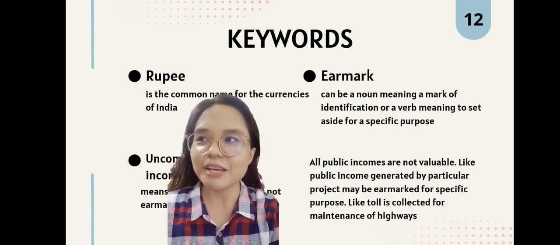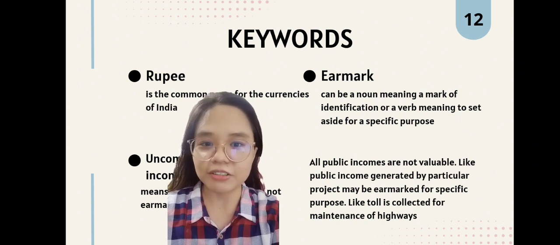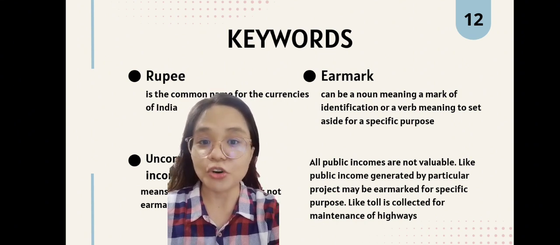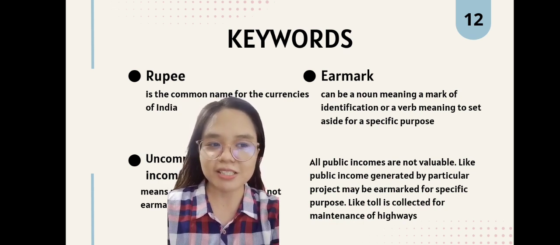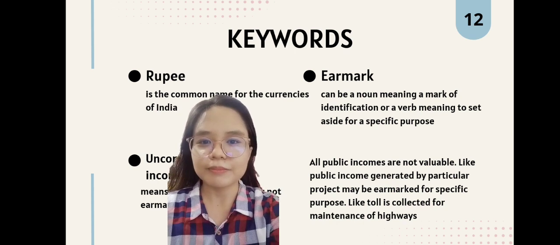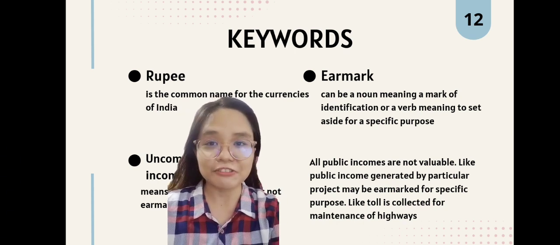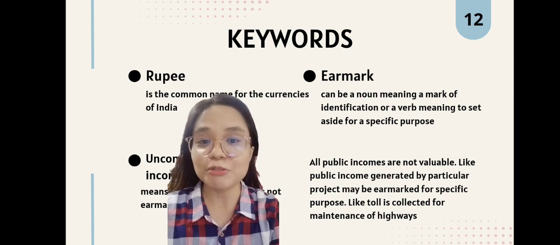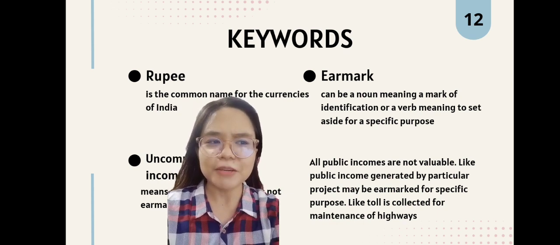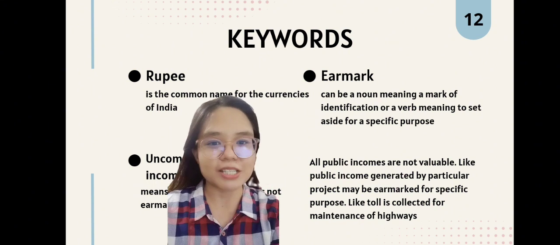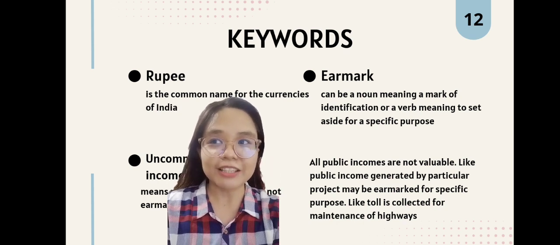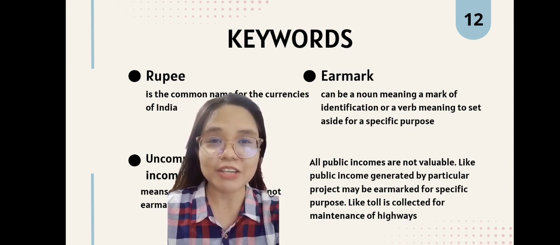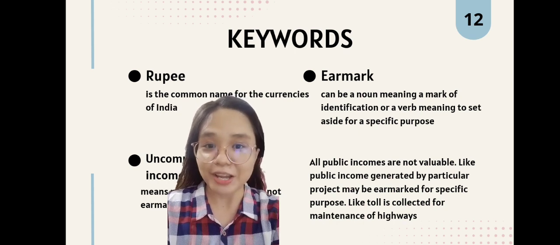Earmark can be a noun meaning a mark or an identification, or a verb meaning to set aside for a specific purpose. For example, not all public incomes are equally valuable. Public income generated by a particular project may be earmarked for specific purposes, like the toll collected in SLEX or NLEX, which is purposely collected for maintenance of the highways.